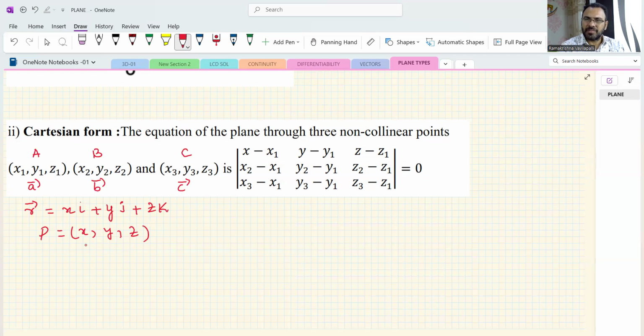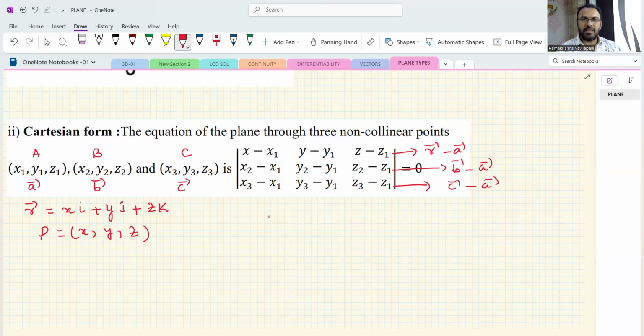Isn't it? So this is nothing but R bar minus A bar vector, the second is B bar minus A bar, and the third is C bar minus A bar.